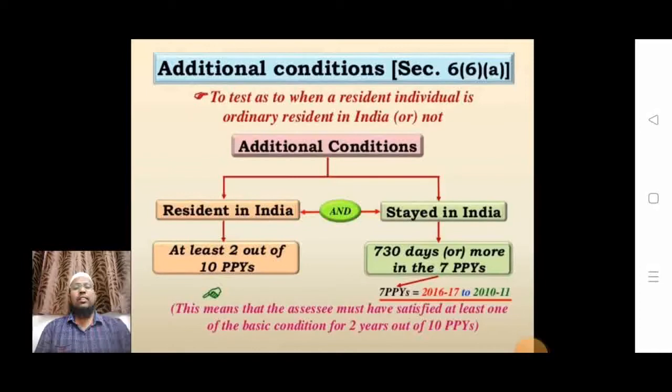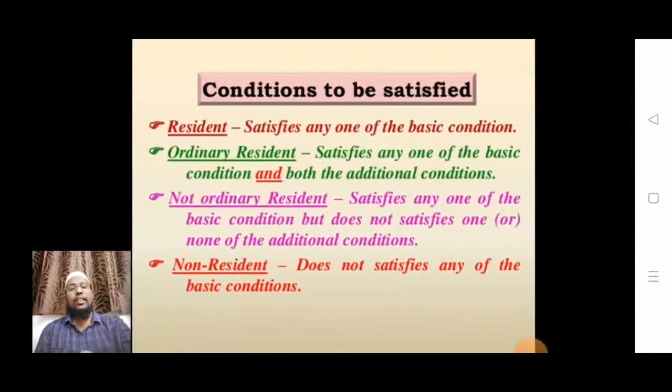Additional conditions come under section 6, subsection 6. A person who is in India 2 years out of 10 years. And the last one, the fourth one, he will stay in India 730 days out of 7 years.